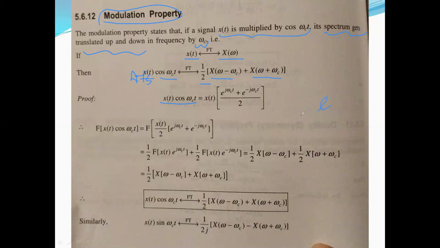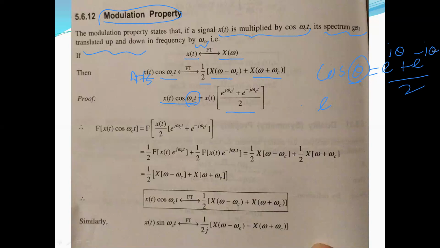You know that cos theta is equal to e to the power j theta plus e to the power minus j theta, by 2. So in this theta, what is there now? Omega_c t, so it will become e to the power j omega_c t plus e to the power minus j omega_c t by 2.